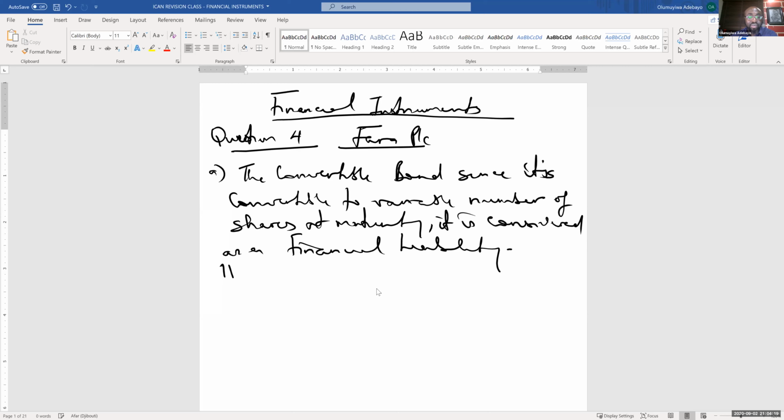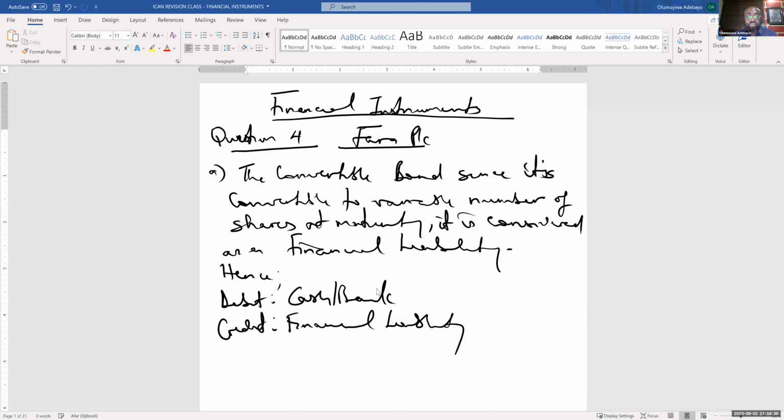Hence, what will be our accounting entry? Debit upon receipt of cash or bank, and credit financial liability. That is, what percentage bond?